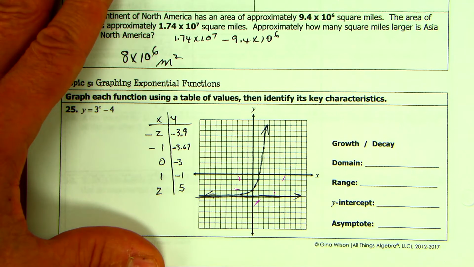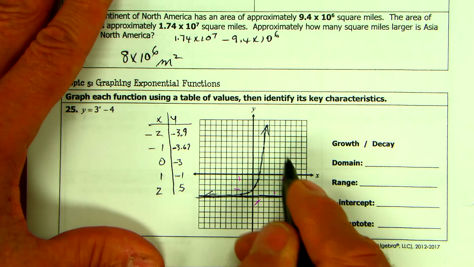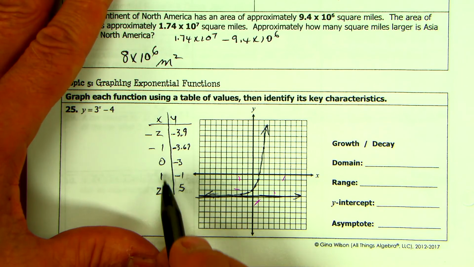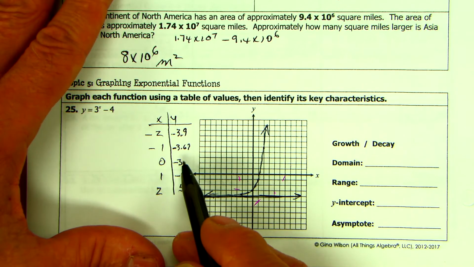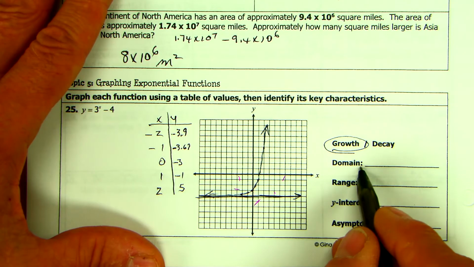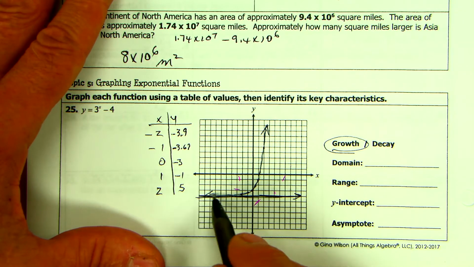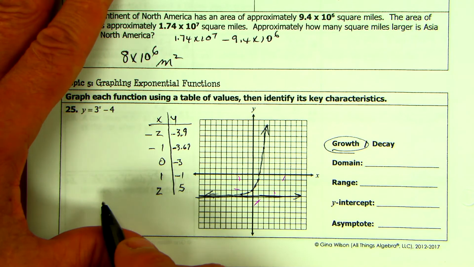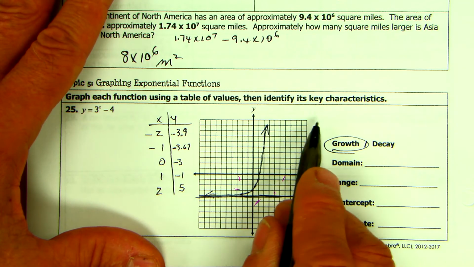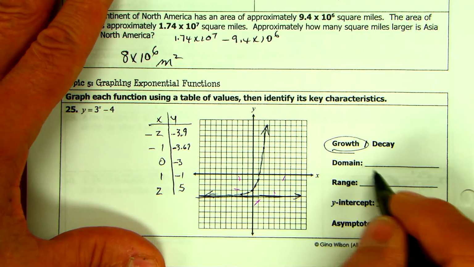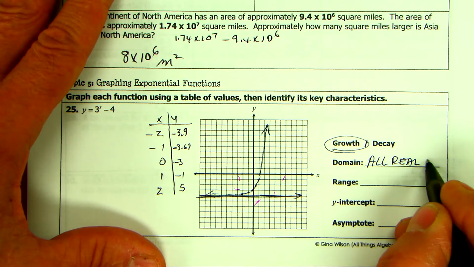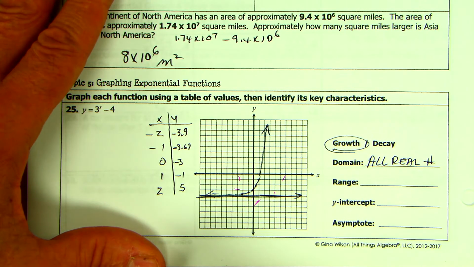Okay, so they ask us a number of questions here. One, since it's going up, as the x values are increasing, the y values are also increasing, so that's growth. The domain starts in the x direction at negative infinity and continues to go right forever, so all real numbers would be our domain.